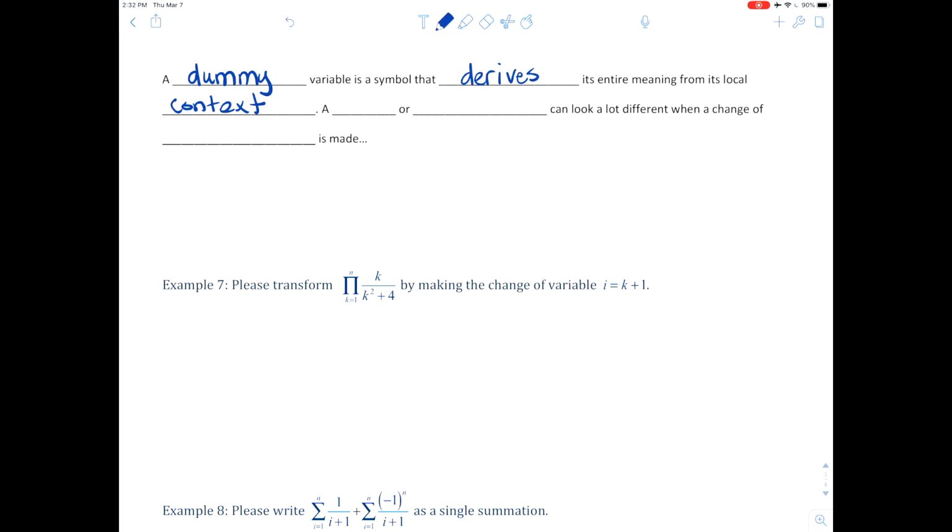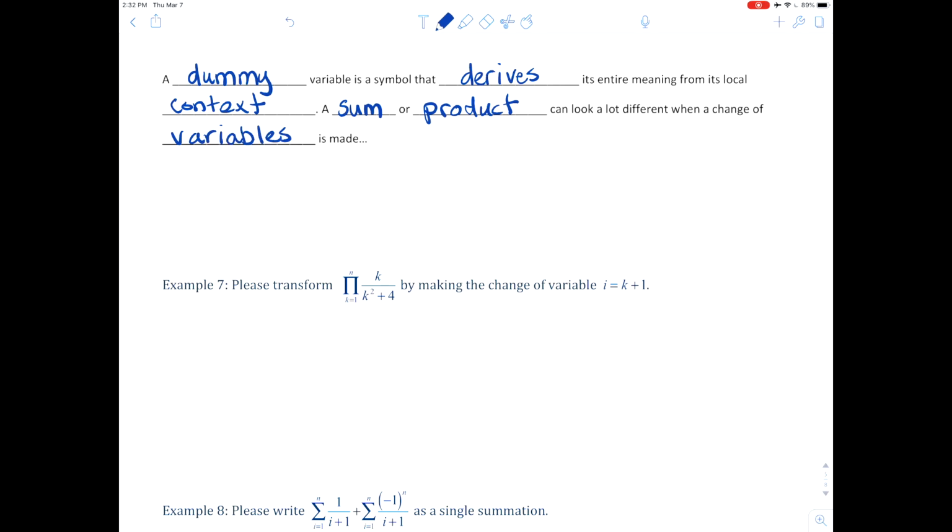I don't know if you've done any parameterization, but when you pick some t, instead of letting something be in terms of, say, x or y, when you're solving a system of equations and it's dependent, you've parameterized it, so t is a dummy variable, right? So we use a lot of times these dummy variables with summations. So a sum or product can look a lot different when a change of variables is made.